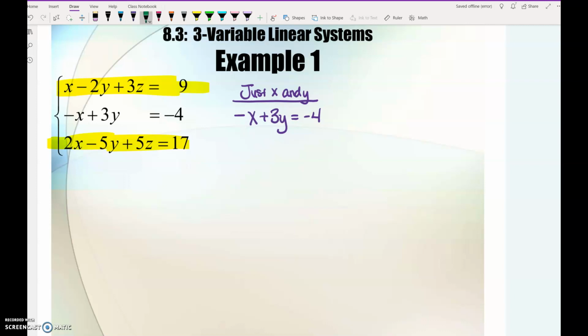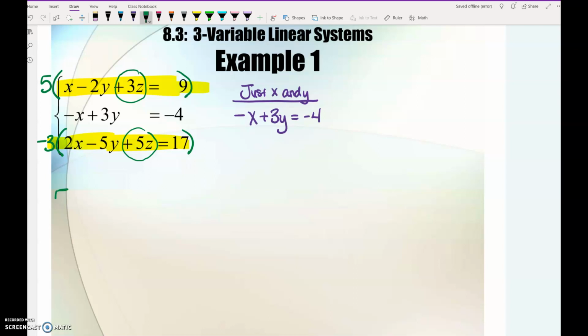So if we take these 2, if we need to eliminate the z, my z's are currently 3z and 5z. What do we need to make them become? 15. So if we want the top one to be positive 15, we'd have to multiply that entire equation by 5. Then the bottom one we would need to multiply by -3. So I'm going to do that and write it down below.